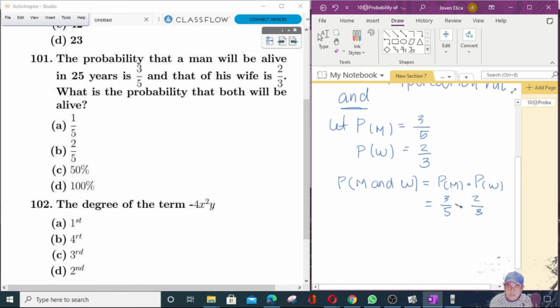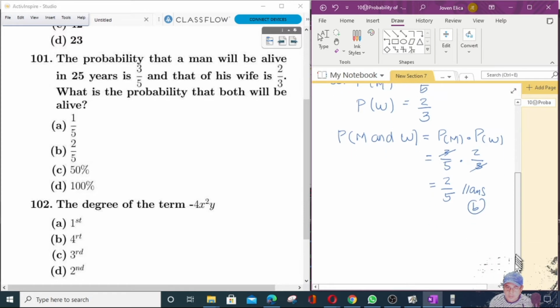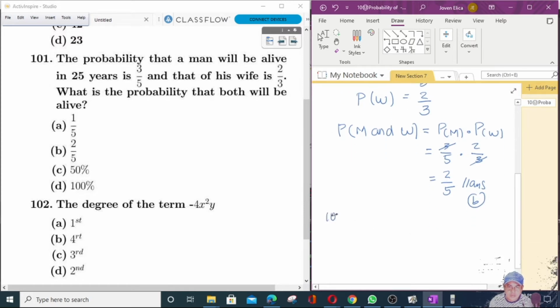Since this is multiplication, we can easily cancel out 3. So the answer is 2/5. The probability that man and woman are alive in 25 years is 2/5. This is the answer, letter B.